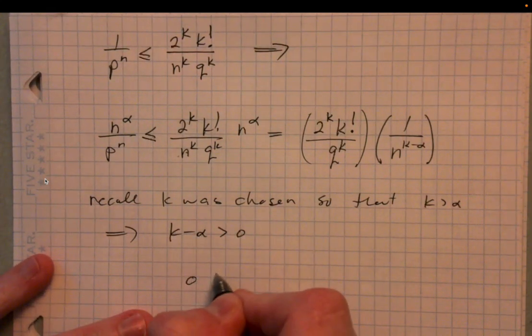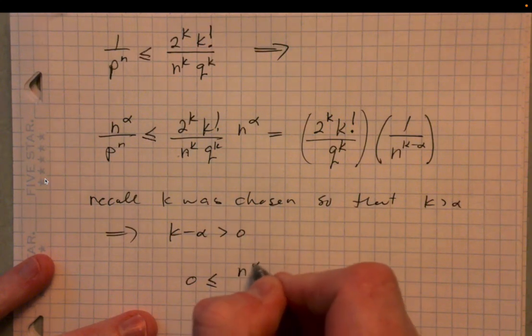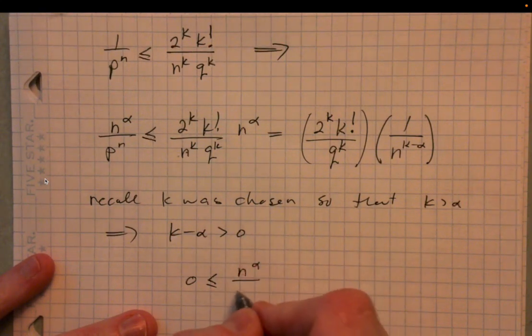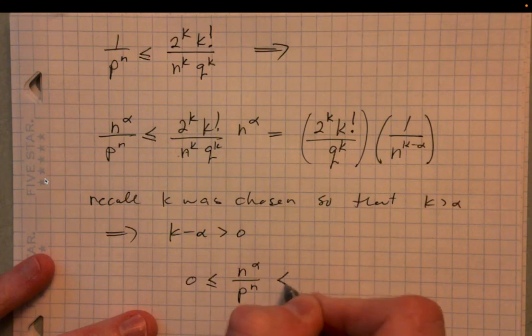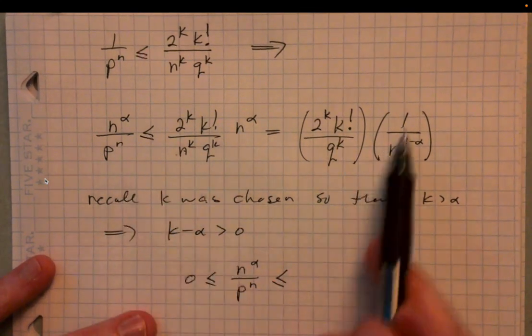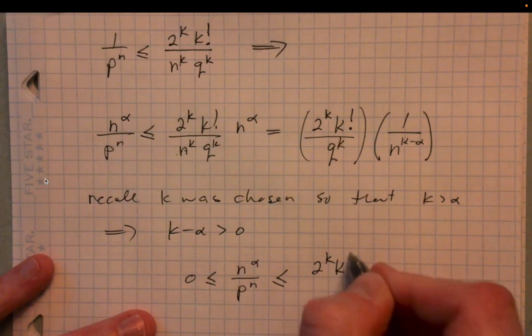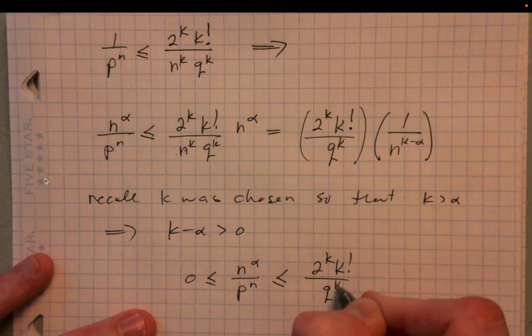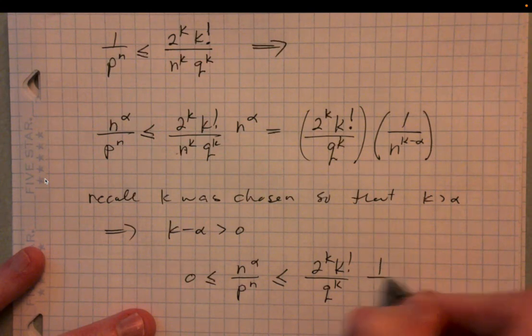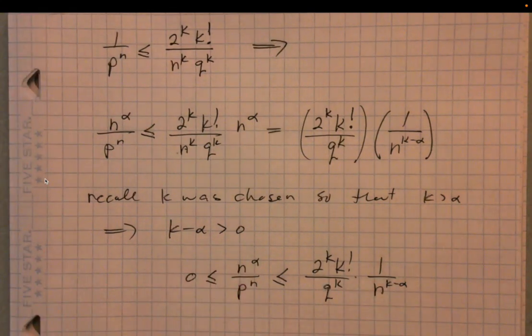So we know now that 0 is less than or equal to n to the alpha over p to the n, and that is less than or equal to this piece here, 2 to the k factorial over q to the k times 1 over n raised to the k minus alpha power.